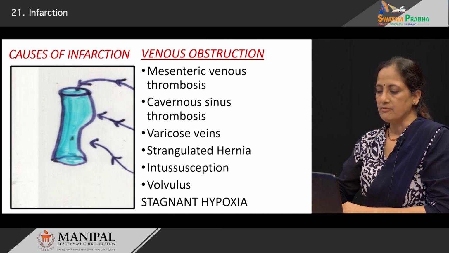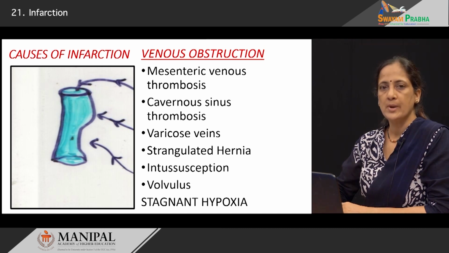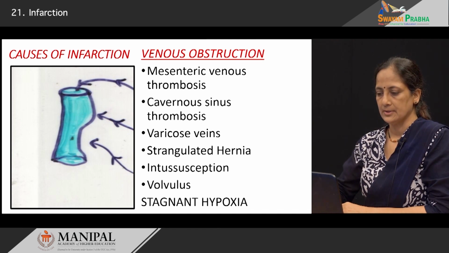Intramural causes include varicose veins, phlebitis, and the extramural causes include strangulation, say for example of a hernia, intussusception or volvulus. In these situations, because of the blockage of the venous circulation, there is stagnation and hypoxia which when prolonged results in infarction of the organ.